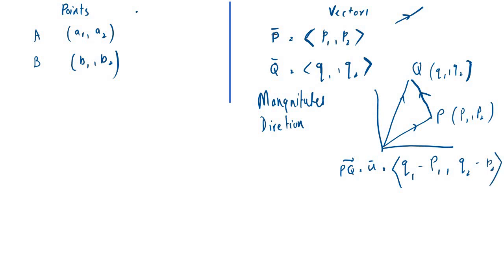That's how you denote the vector U that goes from P to Q. Q is written first and P second.